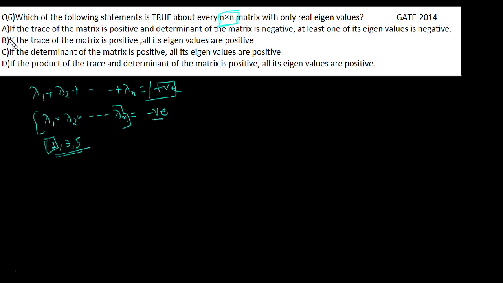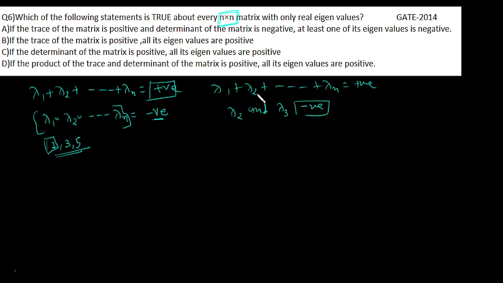Option B says that if the trace of the matrix is positive, again the same condition, the sum of these n values will be positive, then all its eigenvalues are positive. Now it is not necessary. Suppose lambda 2 and lambda 3 are negative.